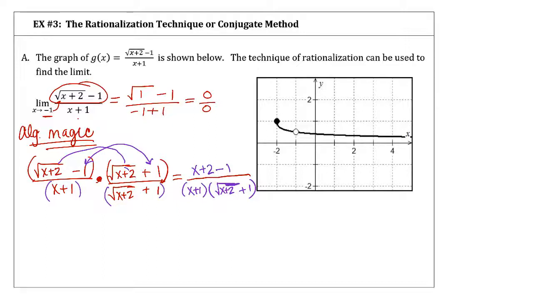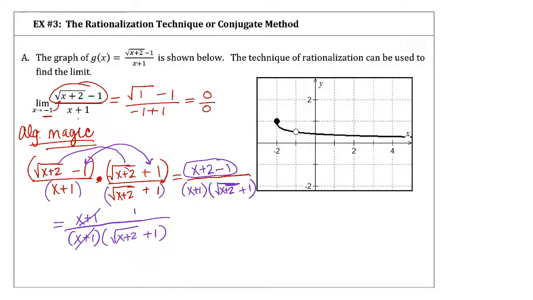And so in continuing to simplify some of this, notice this numerator here. That's really becoming x plus 1 over the denominator, which is x plus 1 times the square root of x plus 2 plus 1. And oh my gosh, look, lo and behold, those are going to cancel.